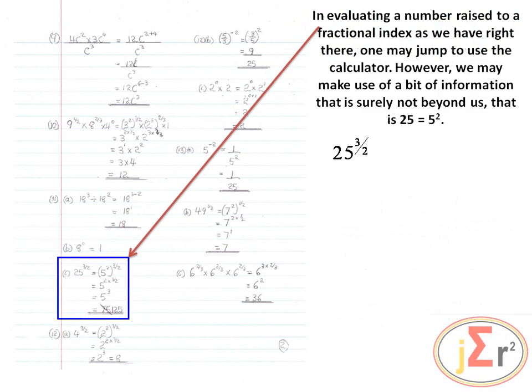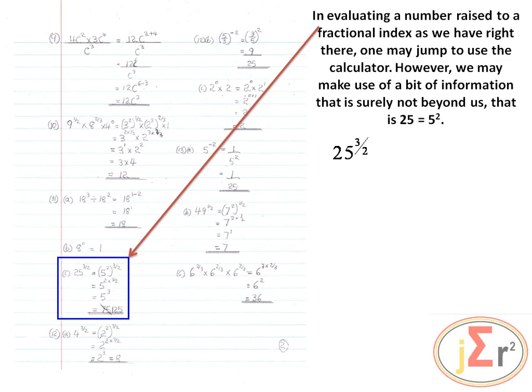In evaluating a number raised to a fractional index, as we have right there, one may jump to use the calculator. However, we may make use of a bit of information that is surely not beyond us. And what is that bit of information?